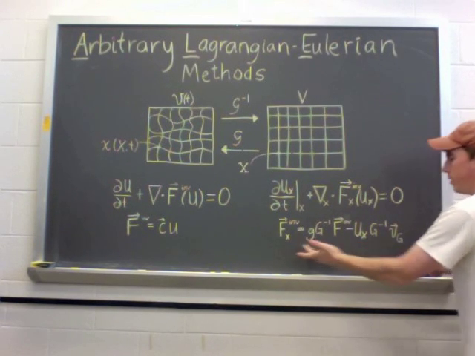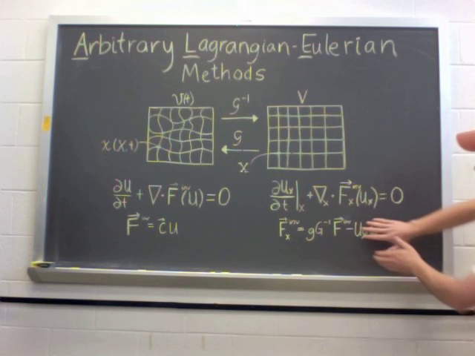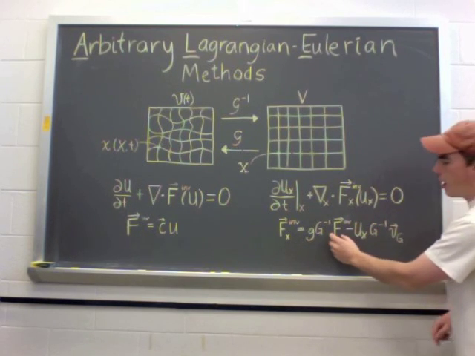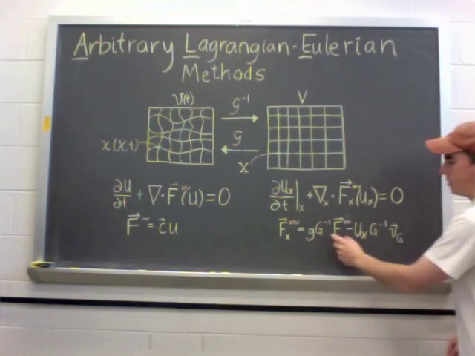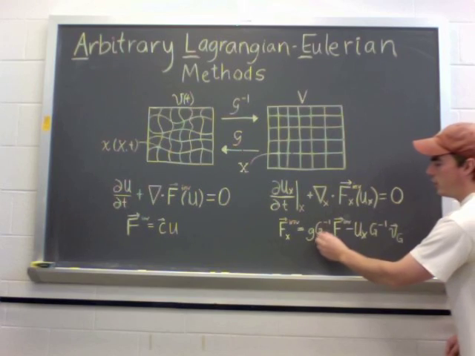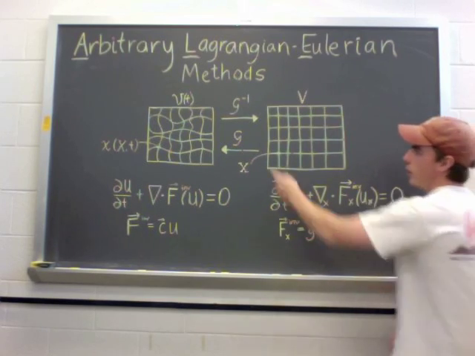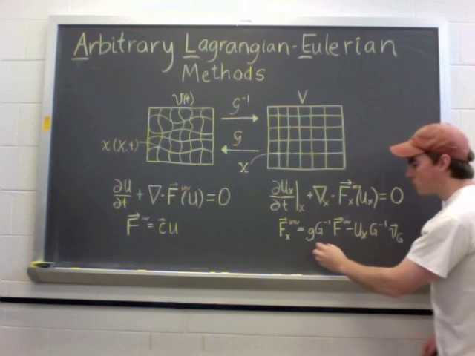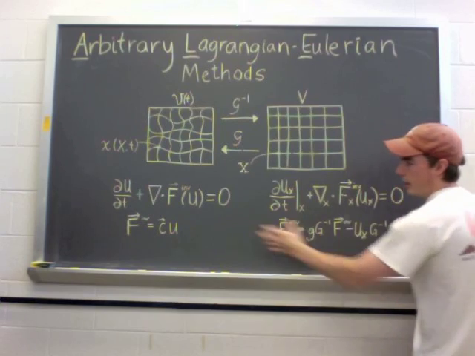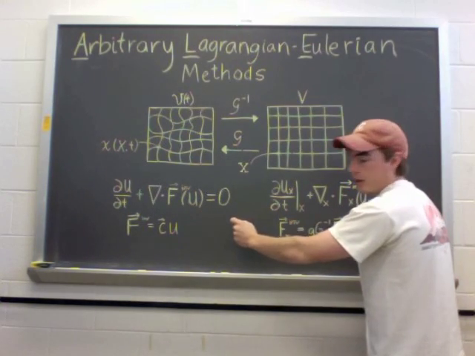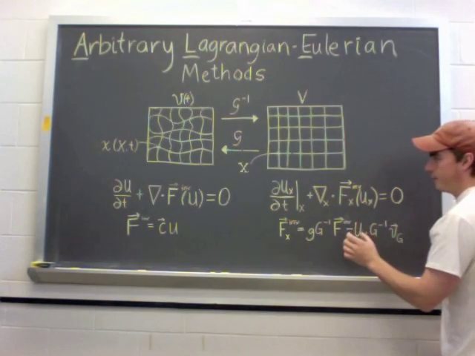And we achieve this flux function here. So ignoring this for a second, we have the standard inviscid flux that we had before. So this is the convection equation. And then G inverse is the Jacobian of the inverse mapping, and little g is the determinant. So this is kind of like this flux function mapped to this domain.